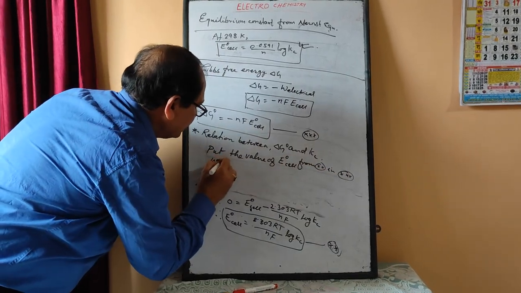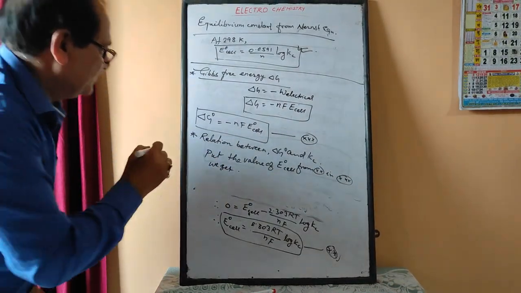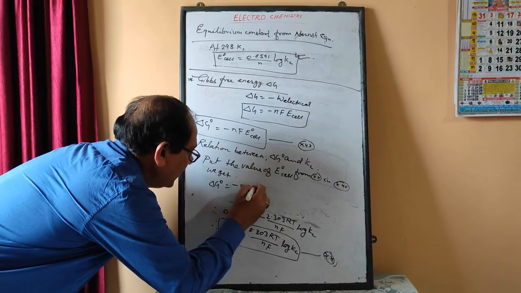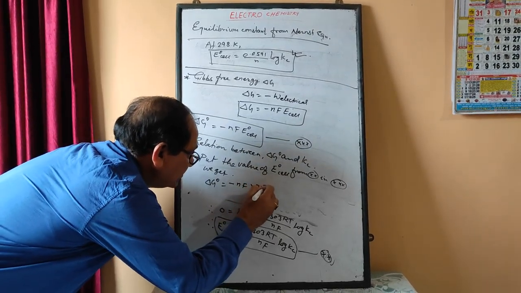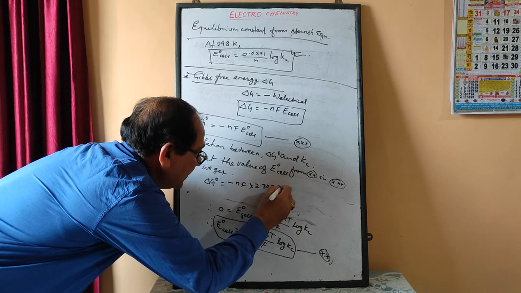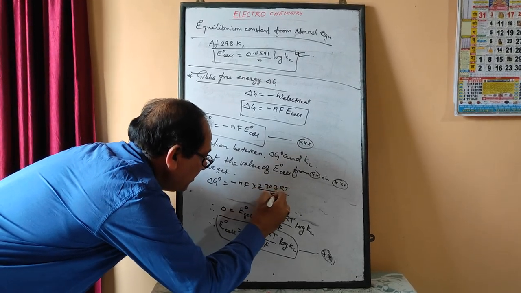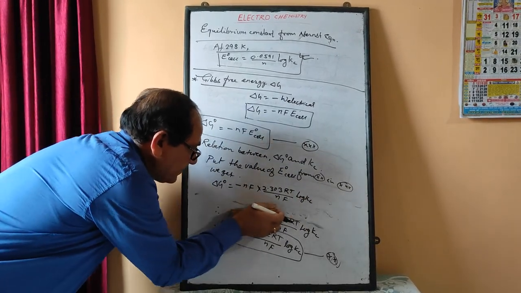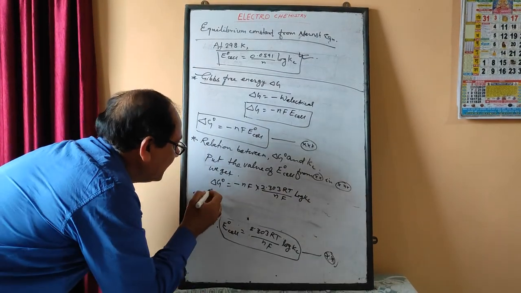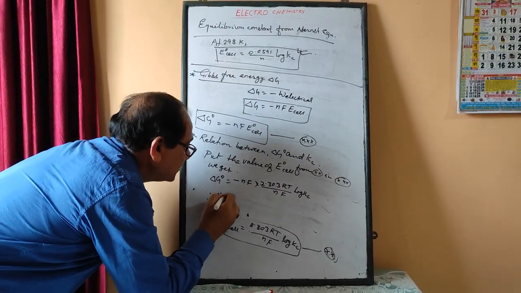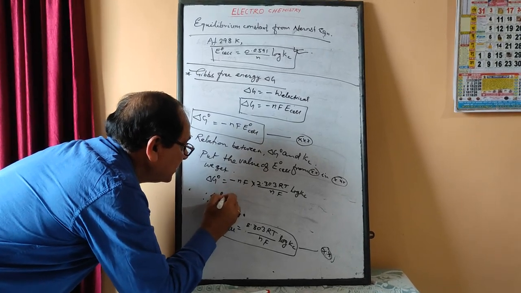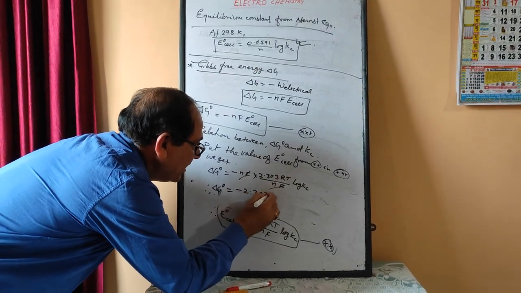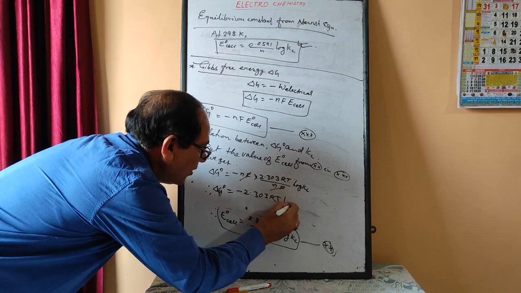We get delta G naught is equal to minus nF into 2.303 RT by nF log Kc. Therefore, nF will cancel out, and delta G naught is equal to minus 2.303 RT log Kc.